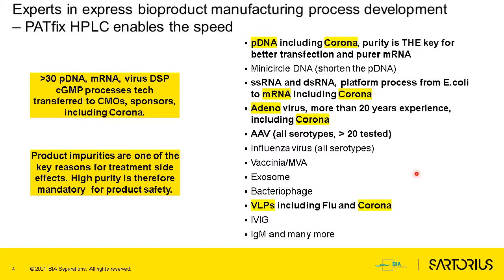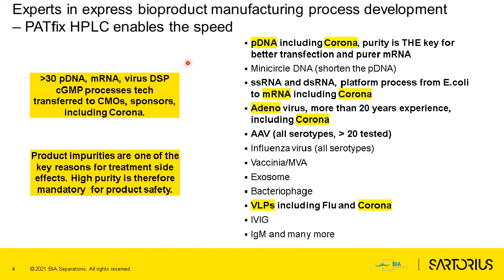Within the last 20-25 years, we have been helping customers. We have been developing for general use a number of different processes, which includes plasmid DNA. Nowadays, this would work with small plasmids, mid-sized plasmids, and very big plasmids.